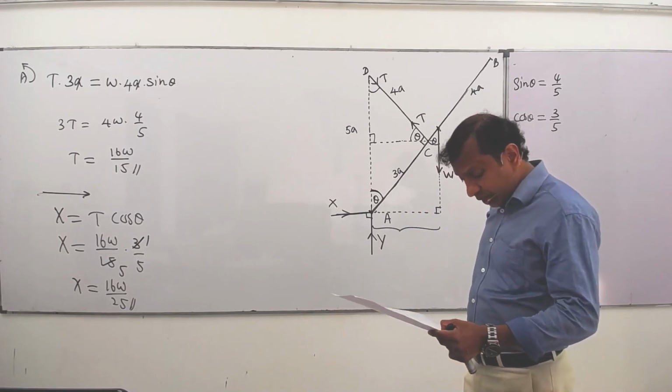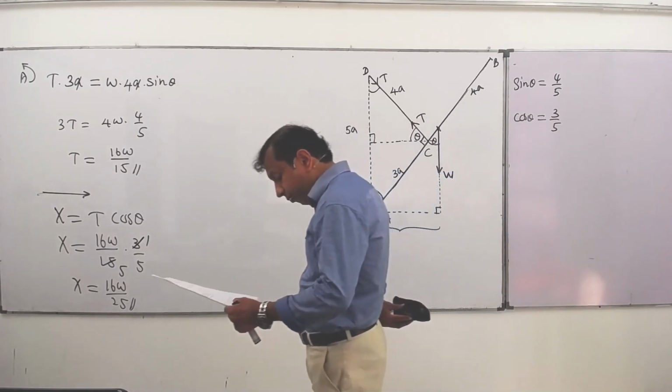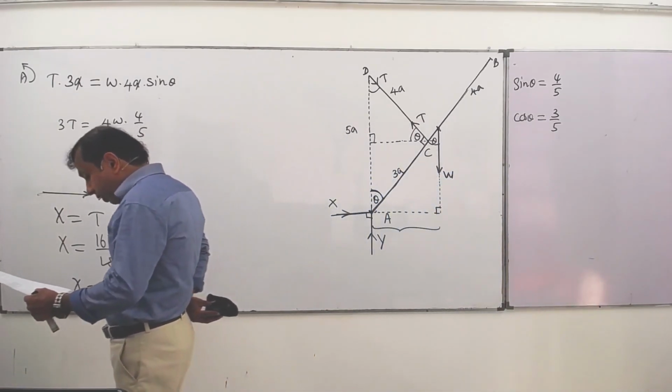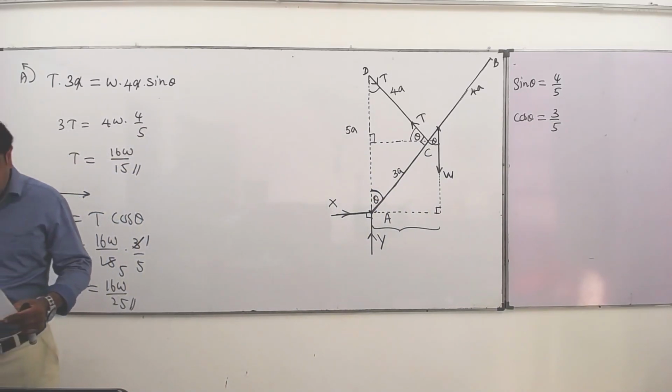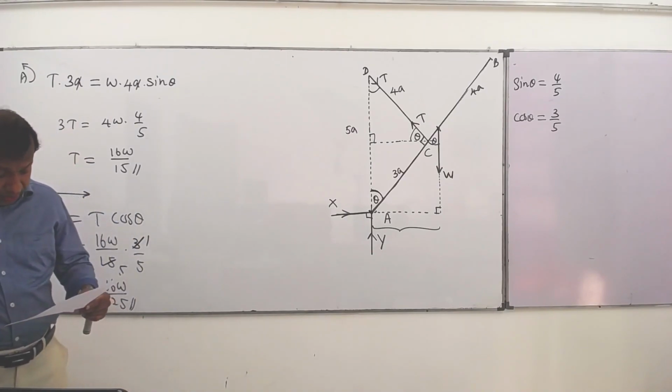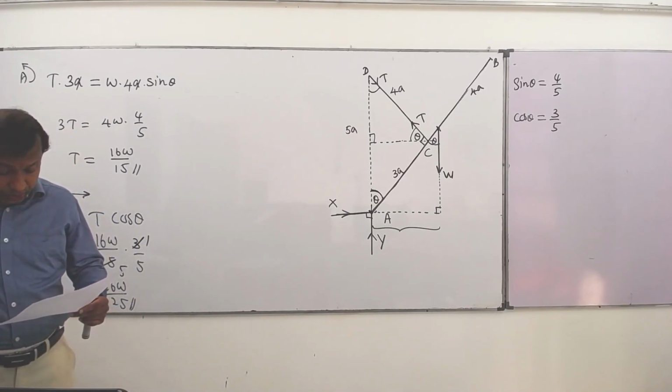Given that the rod makes an angle 45 degrees with the horizontal, so that the angle theta that the string BC makes with the horizontal is given by tan theta equals 2. Find the tension in the string in this position in terms of W.